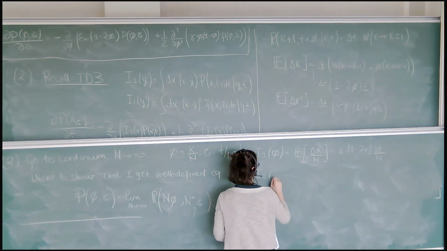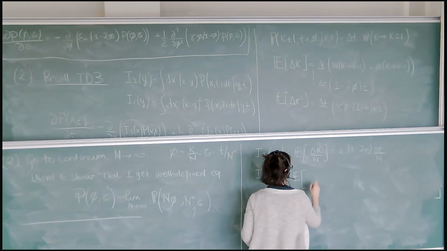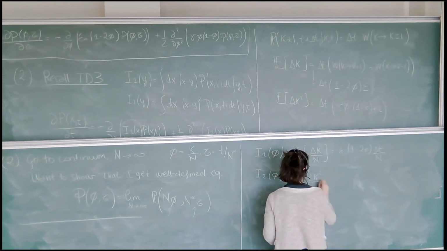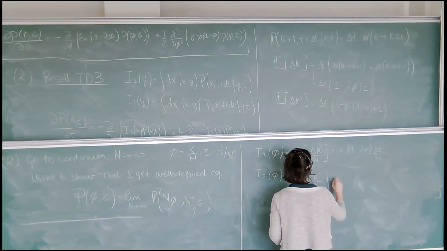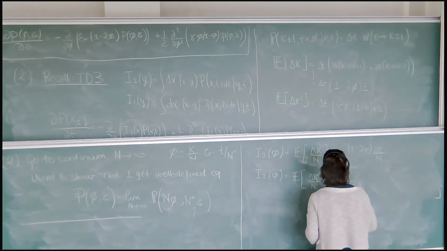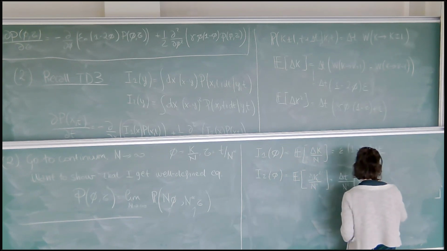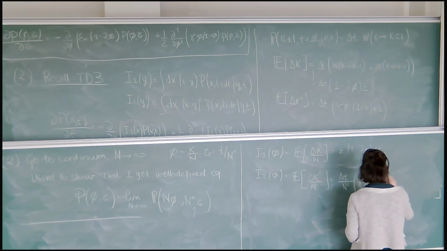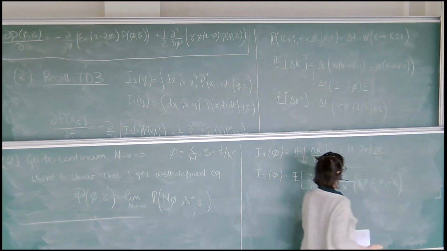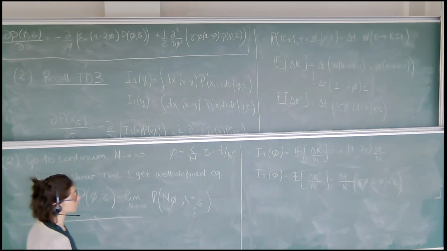Whereas I2 is just this. And so I have dt over n squared, gamma phi (1 minus phi) plus epsilon. And now again, you see that you have these factors of n which appear.